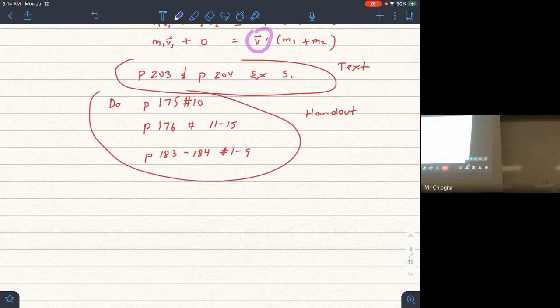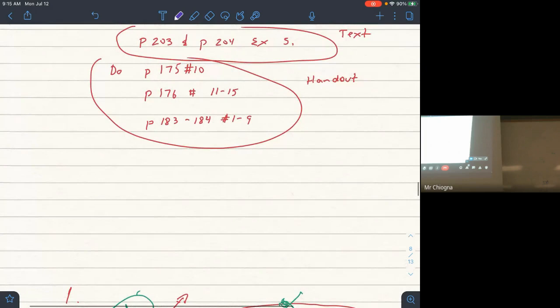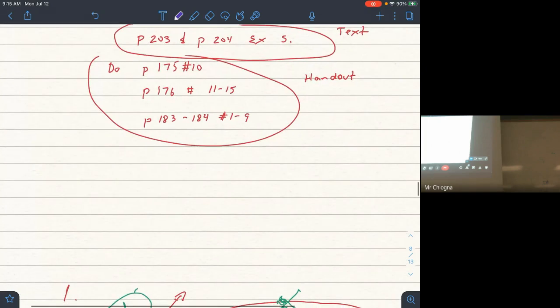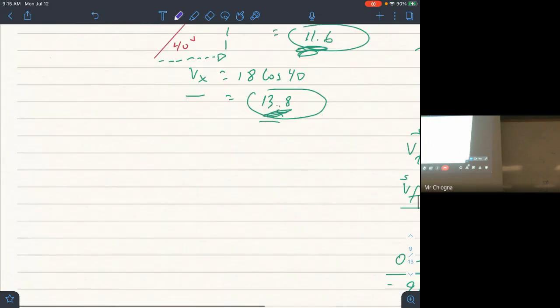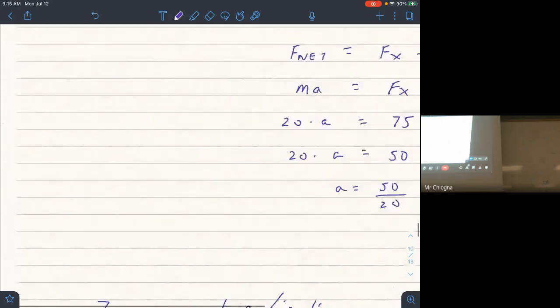Just read it over. Go back to 175 on the handout. Read that over to yourself. Why is it changing?